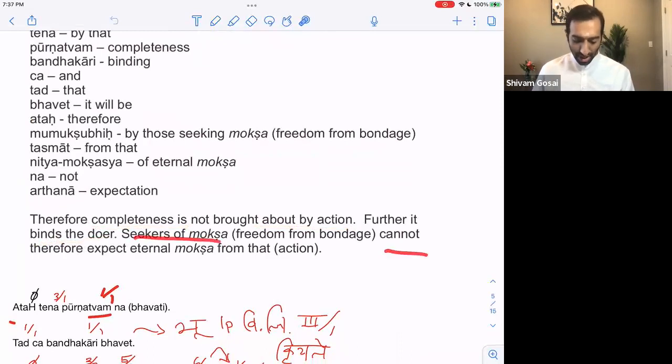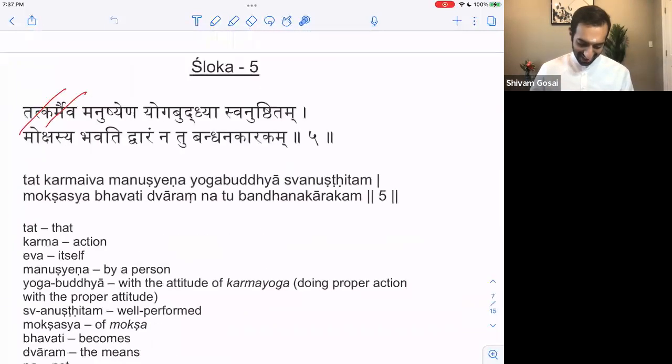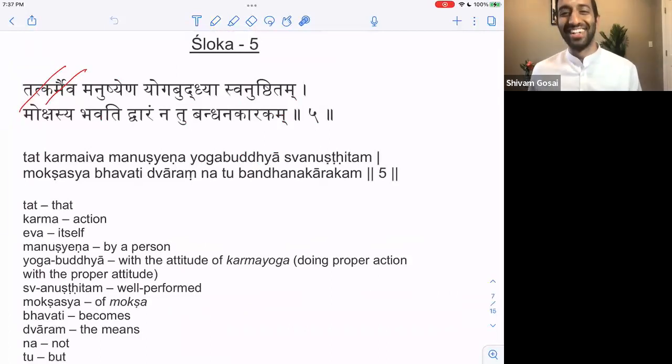Seekers of moksha cannot expect eternal moksha from karma. So see how this is evolving, right? We're talking about karma kanda and karma. What do you think we're going to talk about next? Actually, to trick you a little bit, we're still going to talk about karma.